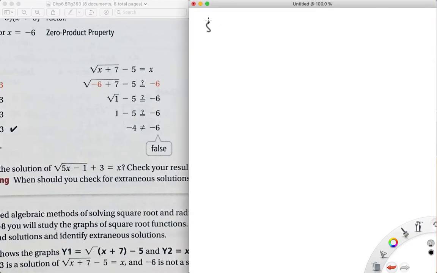Okay. Here we have the square root of (5x minus 1) plus 3 equals x. I'm going to subtract the 3 from both sides, because I don't want this radical with some other thing outside of the radical. So it's going to be the square root of (5x minus 1) equals x minus 3.